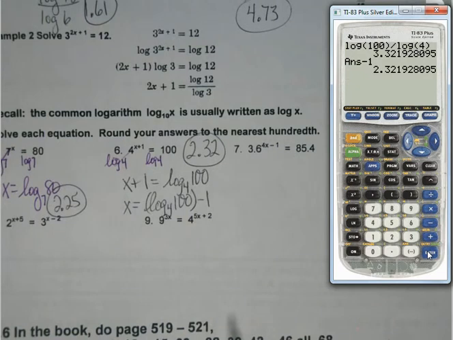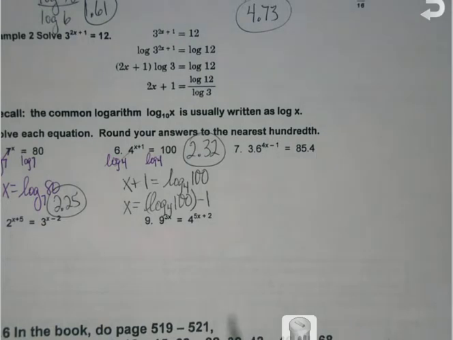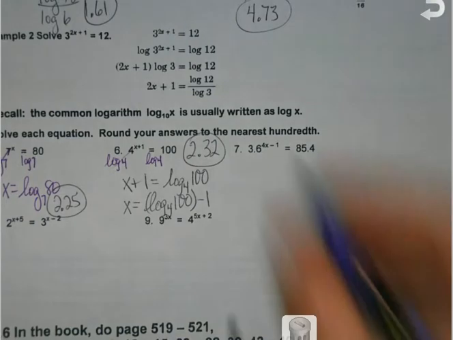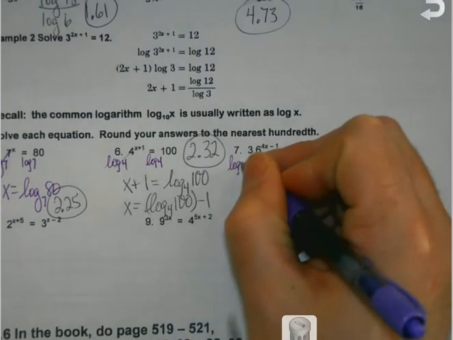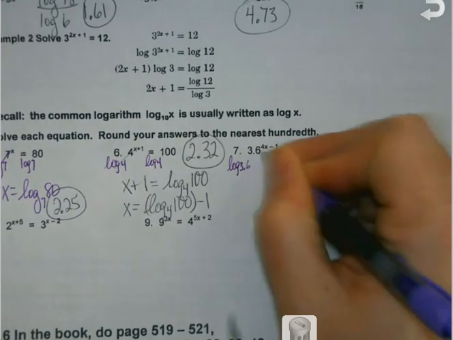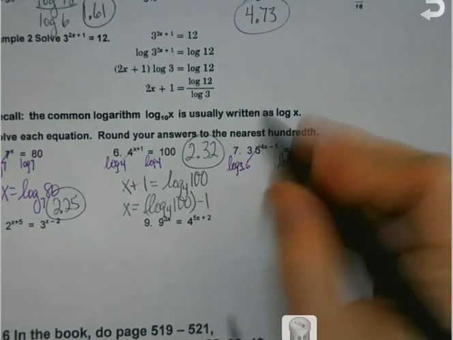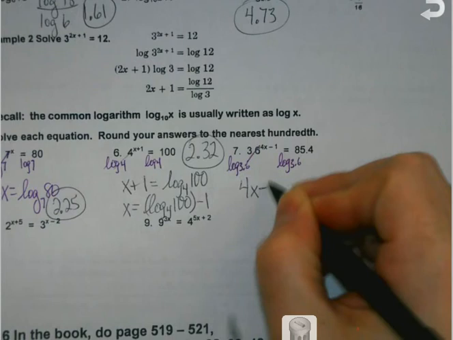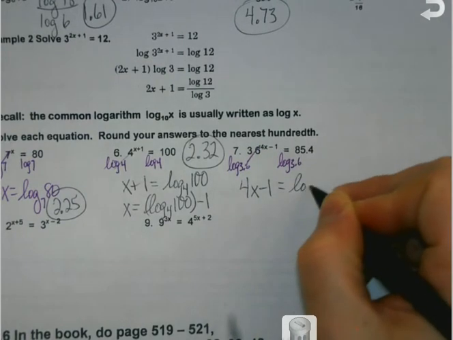7. What's my first step going to be on 7? What log base am I going to be using? 3.6, because that's the side that has the variable term. So you're like, ooh.